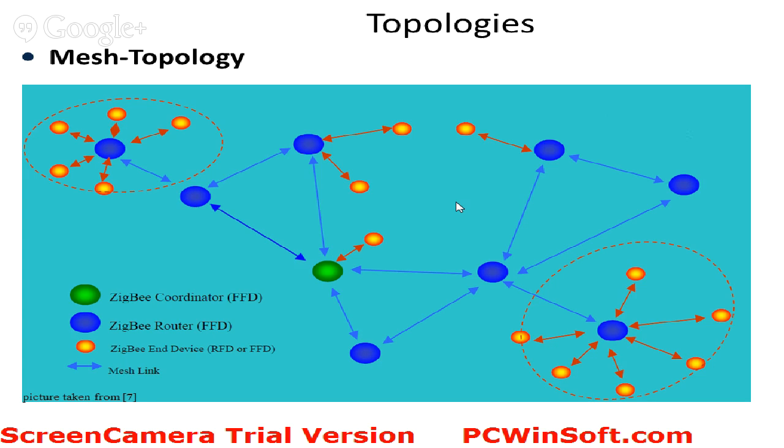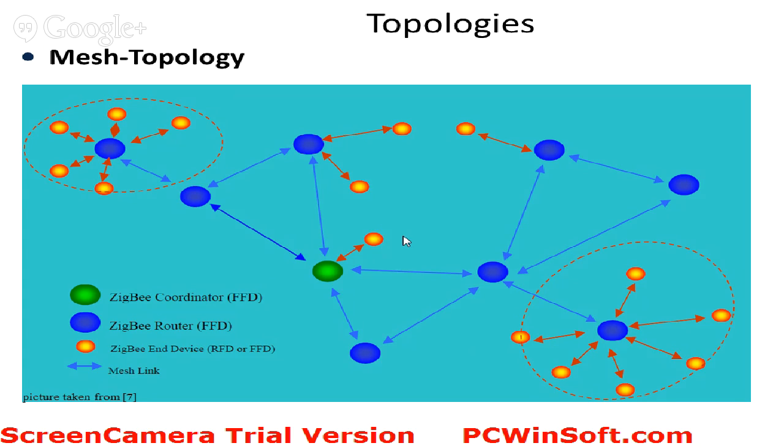Now, the various topologies which are available with the ZigBee network, the foremost and the basis of which it is known is mesh topology. Here you can see a typical ZigBee network wherein this is the ZigBee coordinator. The ZigBee coordinator has child nodes.